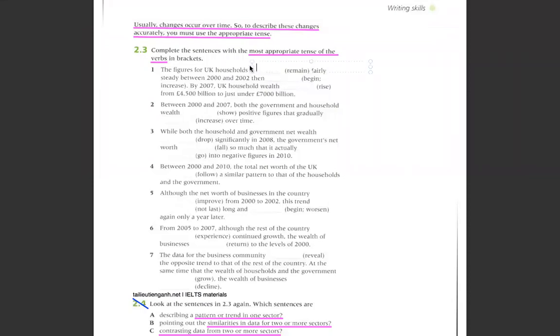Okay, so we had remained for the first one, began to increase for the second one. Okay, so began plus the base form of the word, verb one. And what about the next one? We have the word rise. So look at this word by 2007.